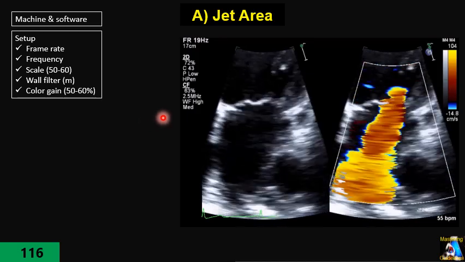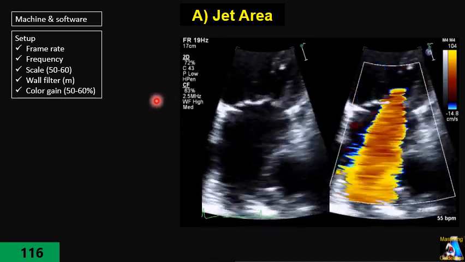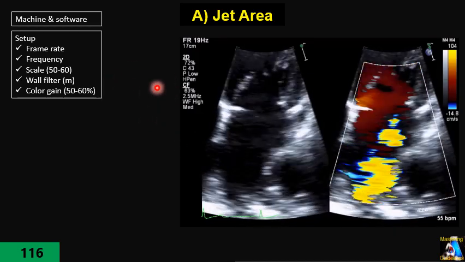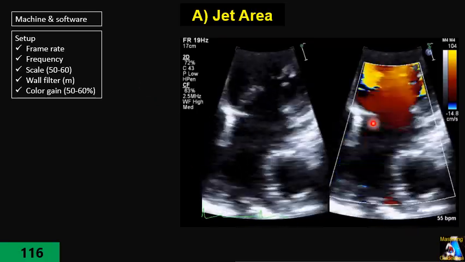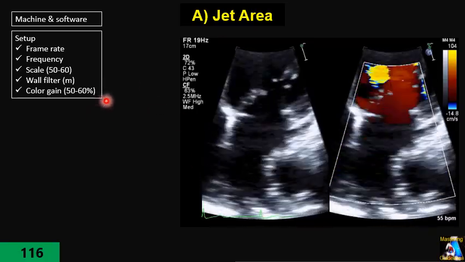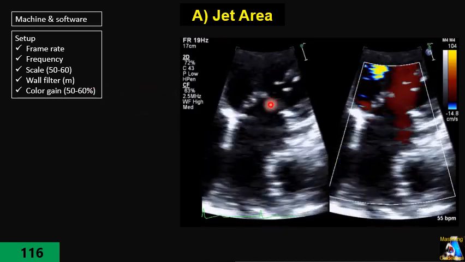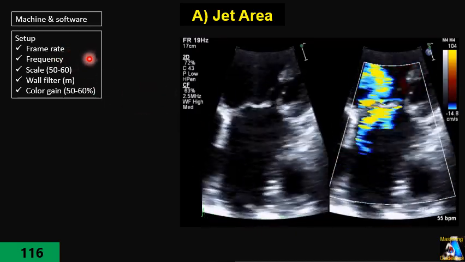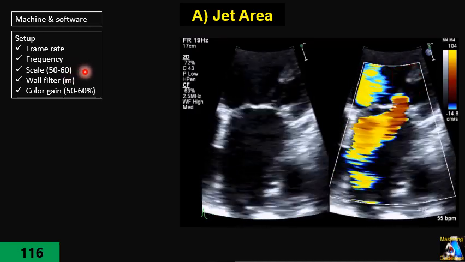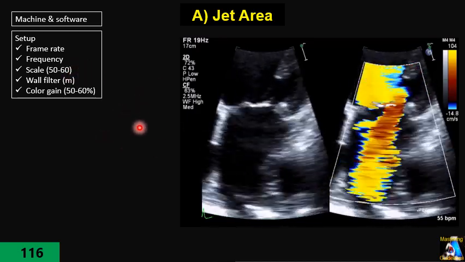Keep in mind that increasing the scale or PRF decreases the jet area, and decreasing the scale increases the jet area. So there is a reverse relationship between scale or PRF and jet area.